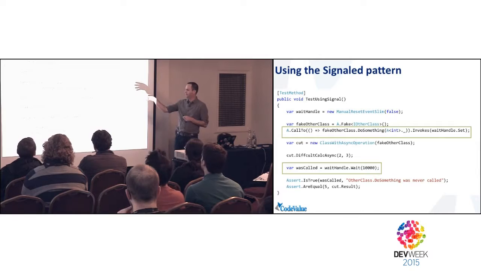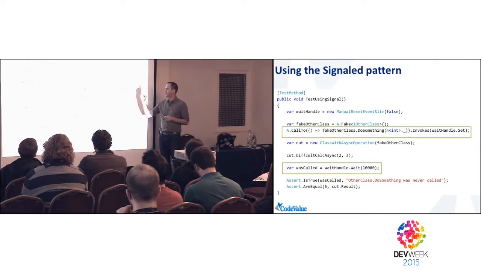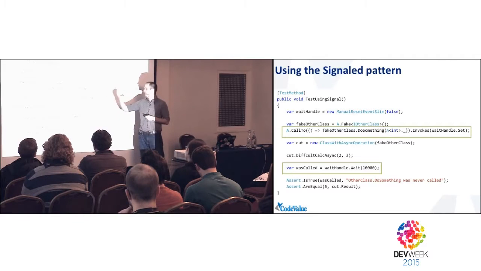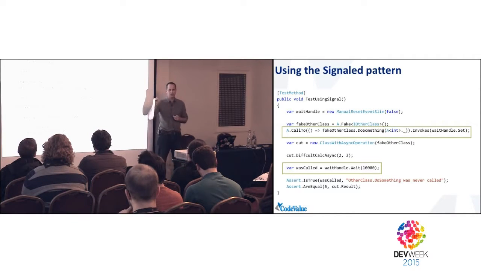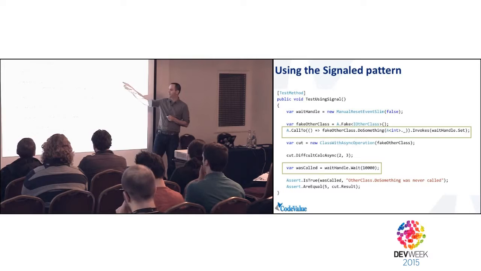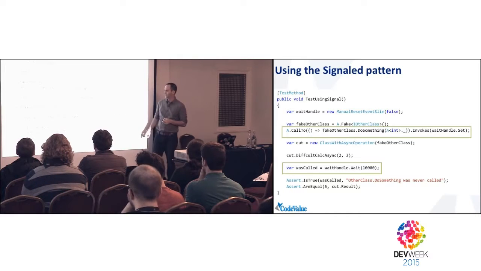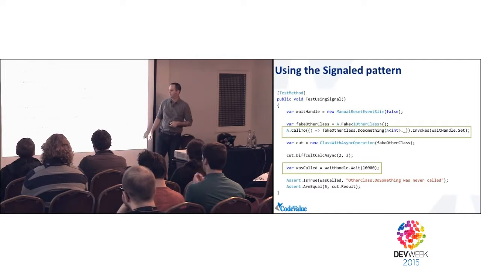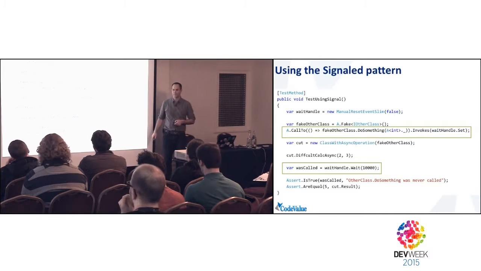So essentially, what happens here, let's see, yep. I create a fake other class. I'm allowed to. And I say when do something is called, that method, which I know happens after the calculation, which I'm interested of seeing, invoke wait handle set. And I have a wait handle here, and I call this asynchronous method, and then I wait.